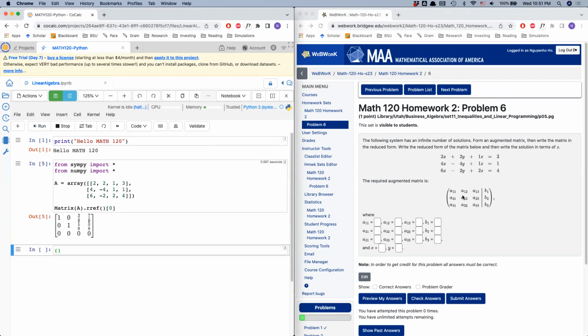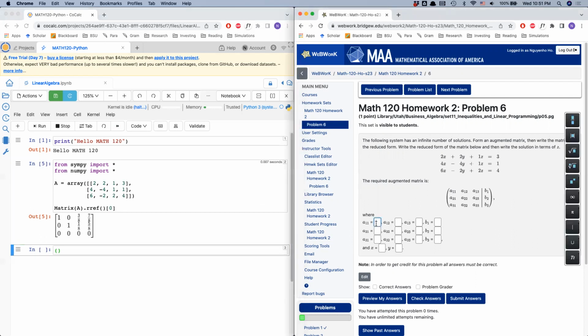Okay, so now you put the information that you got into the system, and what you need to input here is the reduced row echelon form. Okay, so let me try to do this. So the requirement matrix in the reduced form.